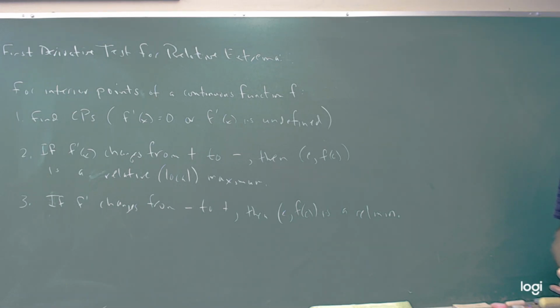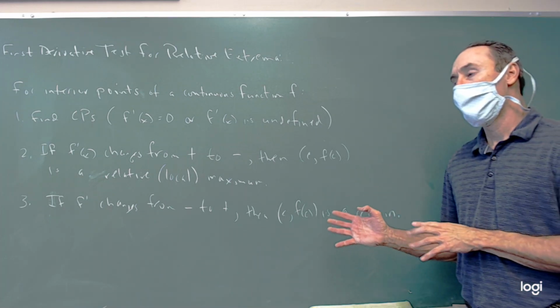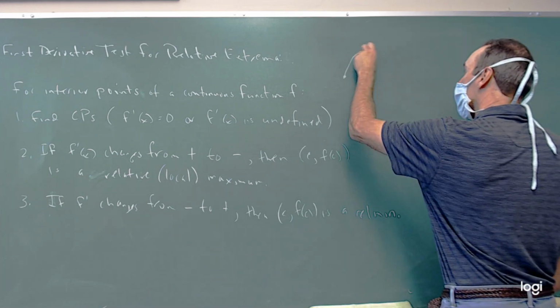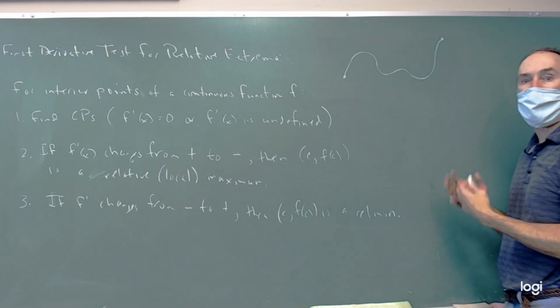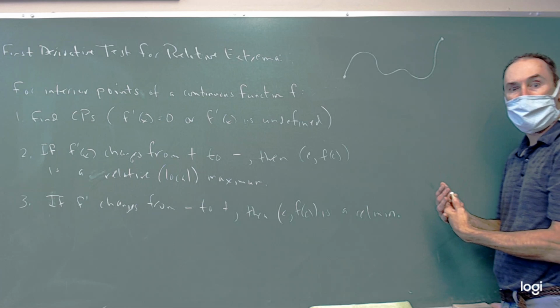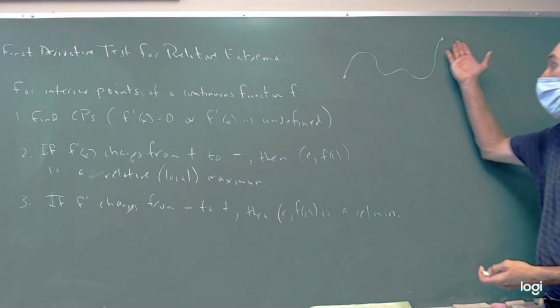Now some books differ, it just depends on the author of the textbook. Some authors don't consider endpoints to be a relative min or a relative max. They say relative mins and relative maxes can only occur on the interior. Other authors think that they can be.